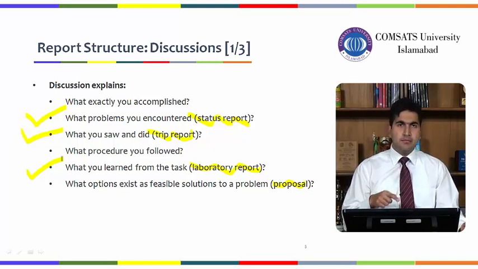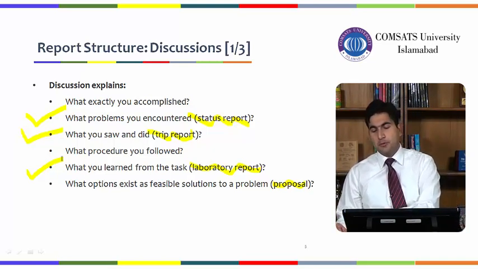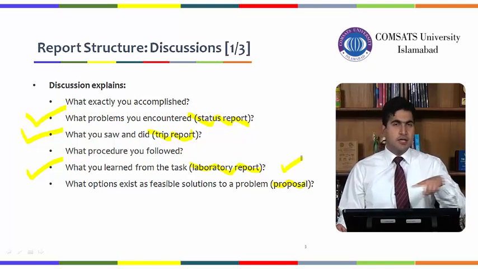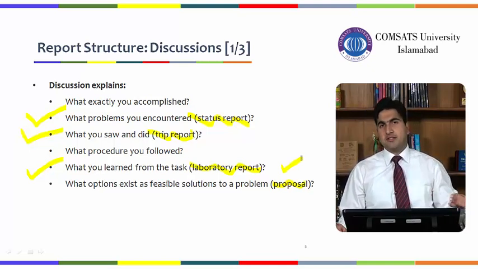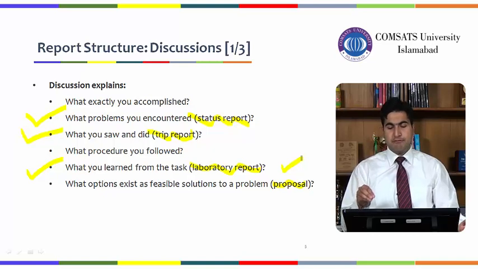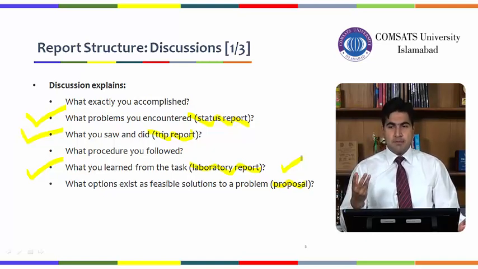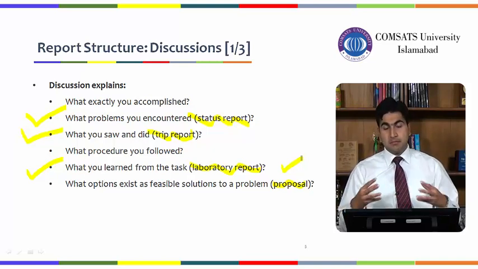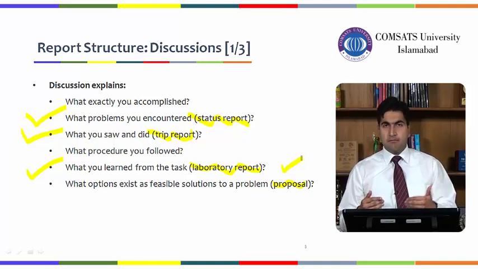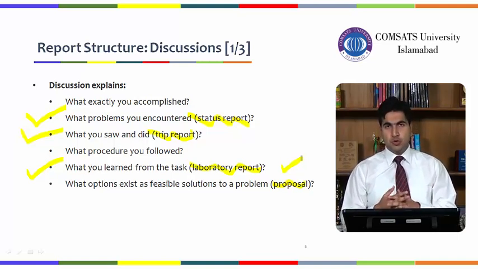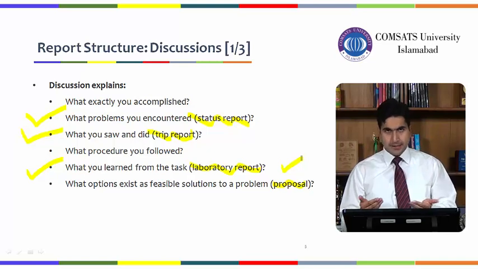So that will have the structure of a proposal, which is why I simply drew a spiral line to focus on the fact that when you propose something, that proposal is meant to make something better by resolving the problem, by coming up with alternative solutions which, if applied, can solve the problem.